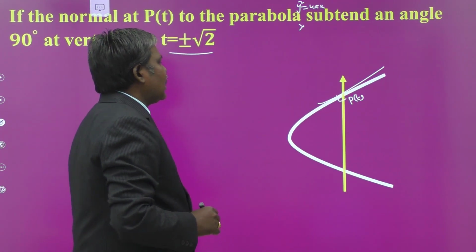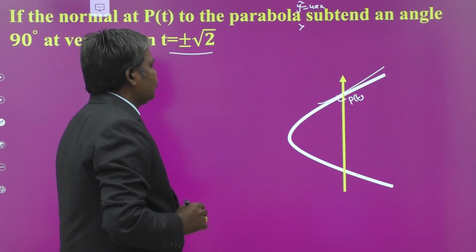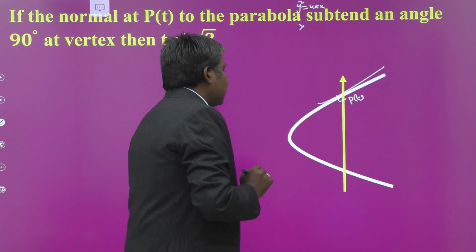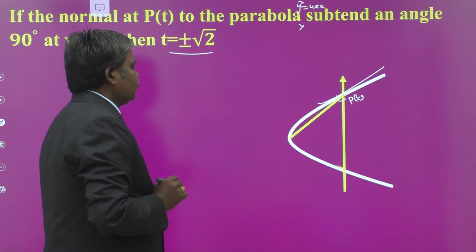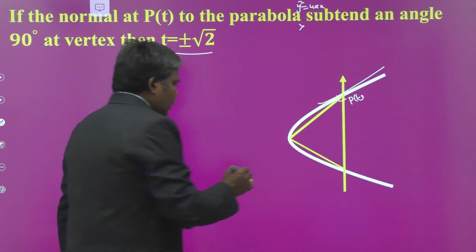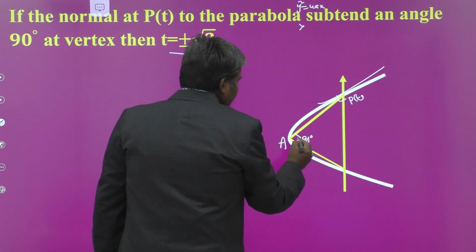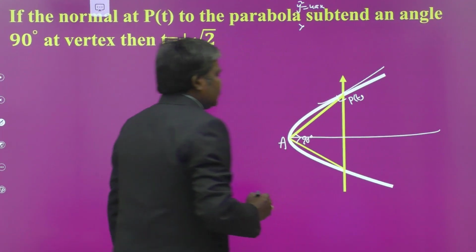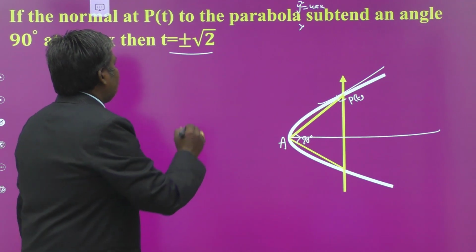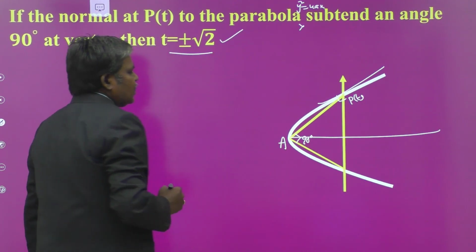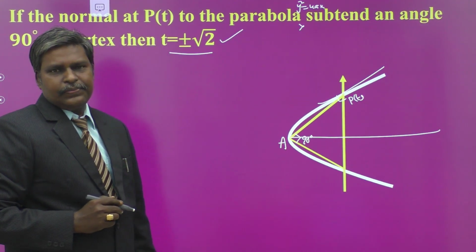Say, this is the normal at P of t to the parabola. It subtends an angle 90 degrees at the vertex of the parabola. See here, this is the 90 degrees. This is the vertex of the parabola, and this is the axis. Then we have to show that t equals plus or minus root 2.